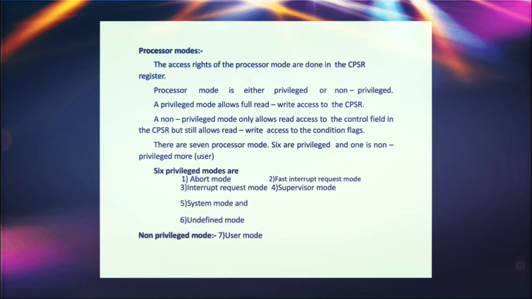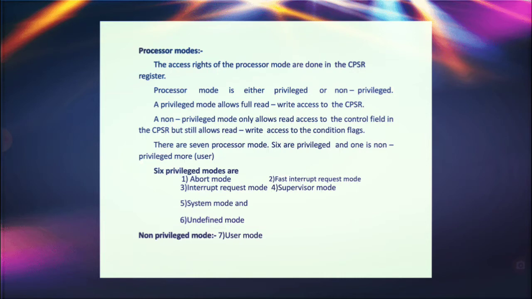A privileged mode allows full read-write access to the CPSR. A non-privileged mode only allows read access to the control field in the CPSR but still allows read-write access to the condition flag. There are 7 processor modes, 6 are privileged and 1 is non-privileged.